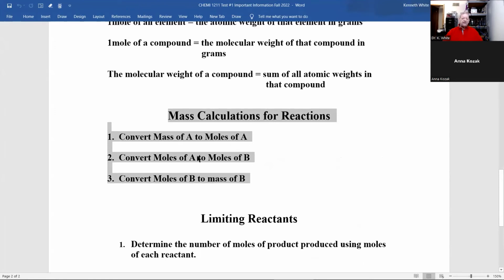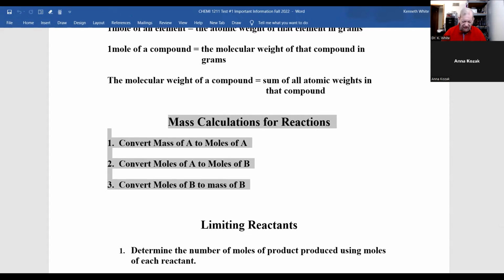Next, convert the moles of A to moles of B. Well, we just practiced that, and you'll see. And finally, convert moles of B to mass, which is grams of B, which we practiced yesterday. So let's see how we do this problem.